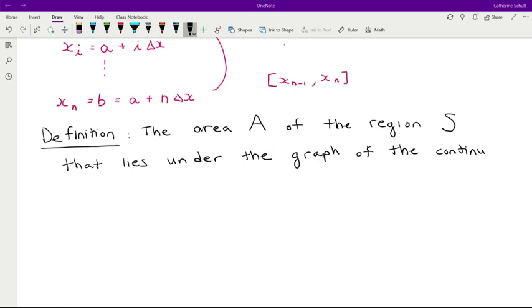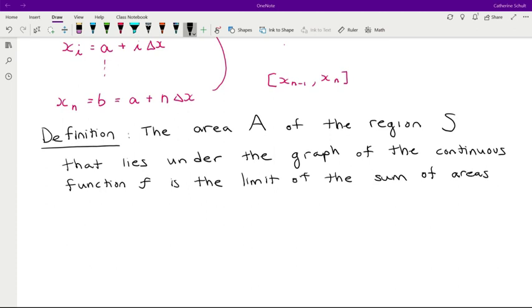So we're going to want f to be continuous. The area under the graph of the continuous function f is the limit of the sum of the areas of the approximating rectangles. That's a lot of ofs right there.